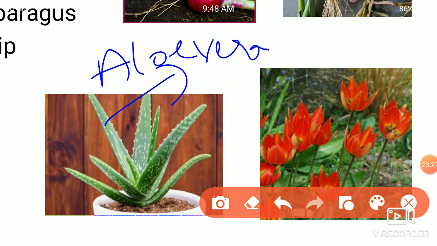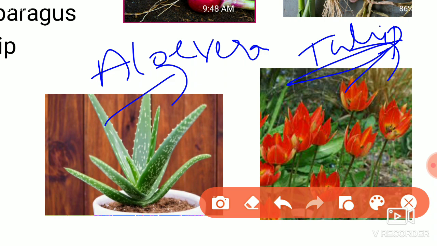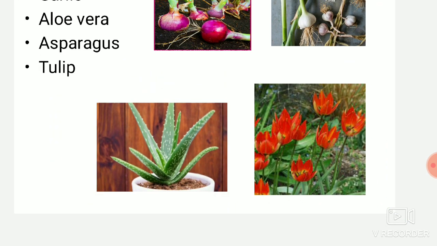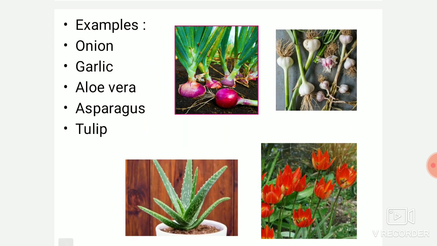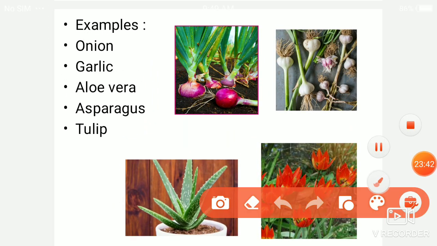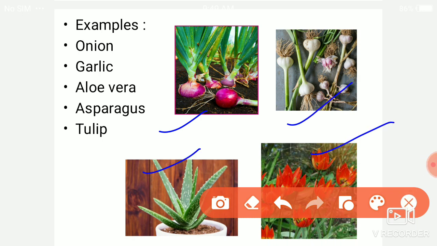And one more plant you can see, that is the tulip flower. These are very beautiful flowers which they use in marriages for arrangement or any function, as a decorative purpose. So onion, garlic, aloe vera and tulip. Few examples have been mentioned here.